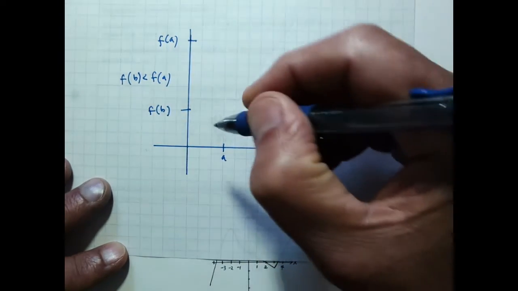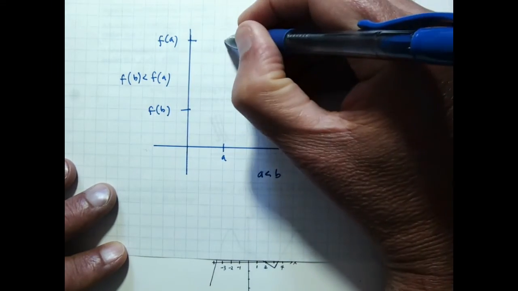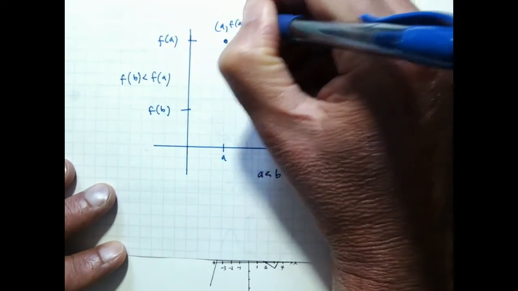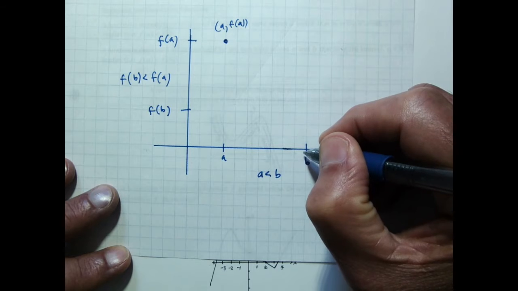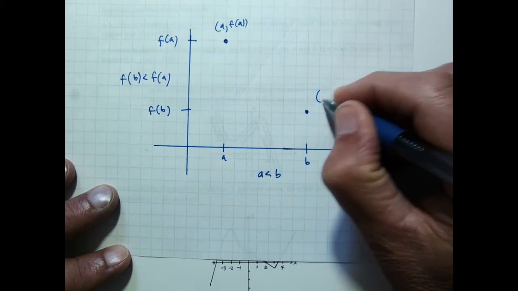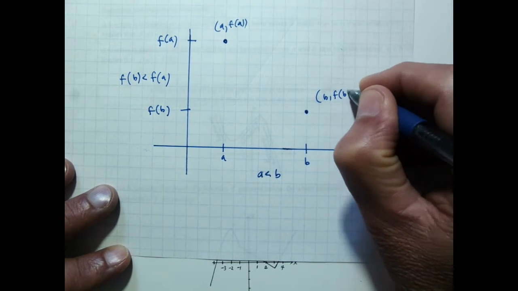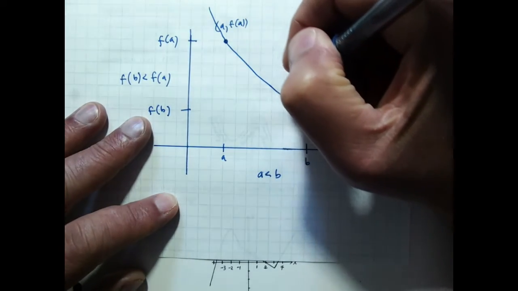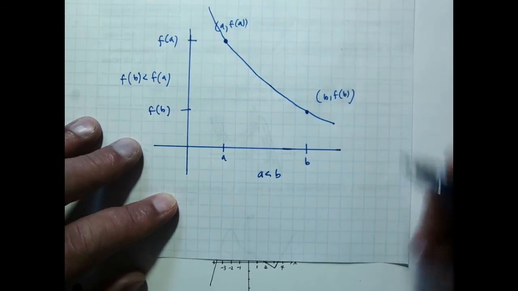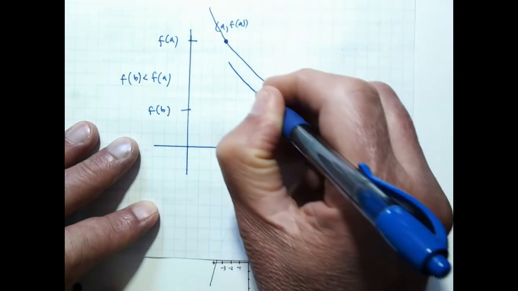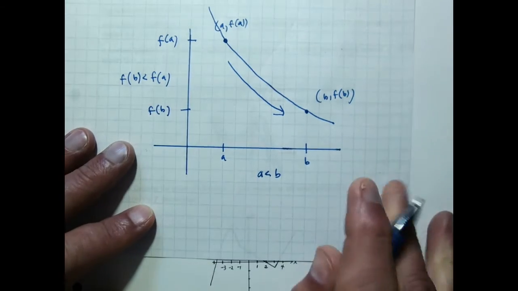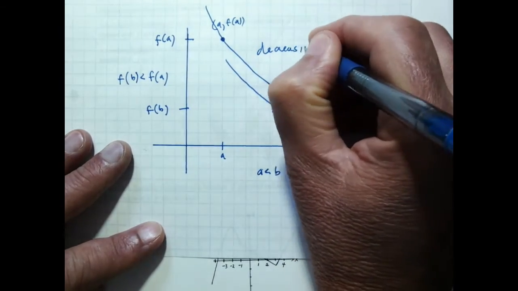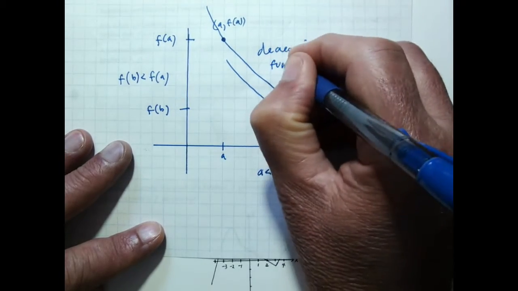And now, if I plot my points, the (a, f of a) point is right here, because a and f of a have to go together. And the (b, f of b) point is right here. So notice my graph, which I don't know exactly what it looks like, but it could look like that. And as I move from one point to the other, it's got a different shape now. See how I have a decreasing function graph.